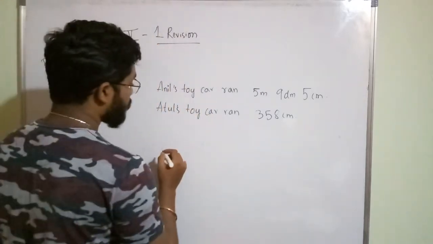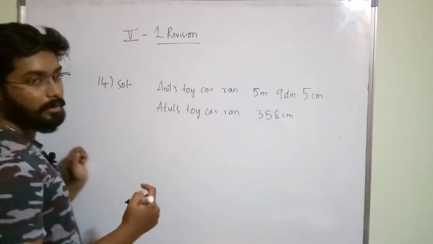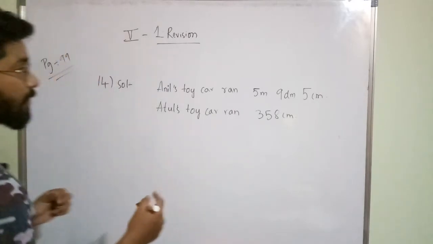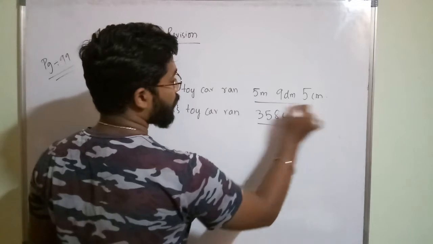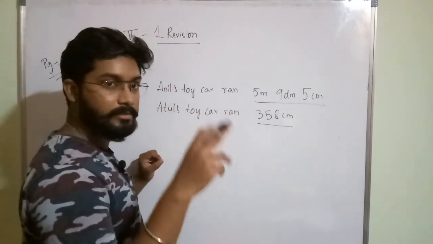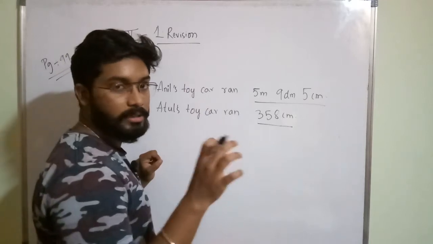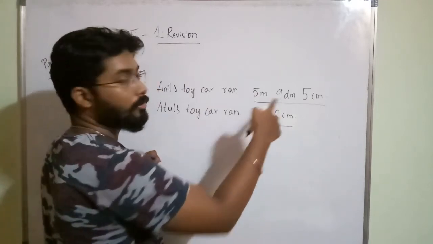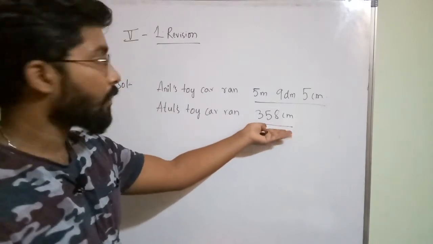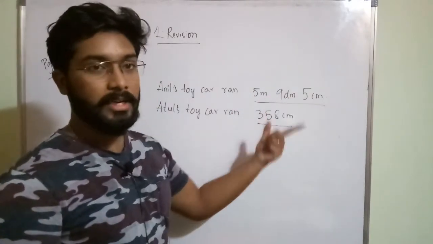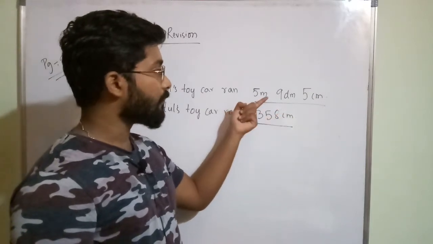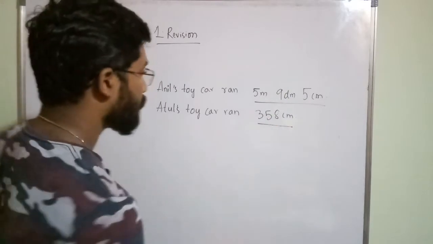So how do we check how much further? What I said is, if you are doing addition or subtraction, and here we are doing subtraction because we have to know the difference between both the cars, and this one is in centimeters, then this should also be converted into centimeters.